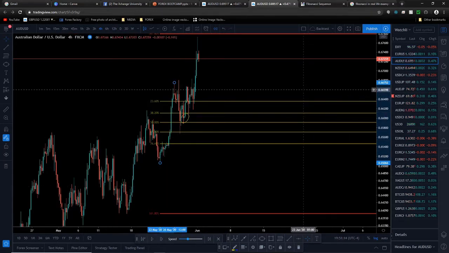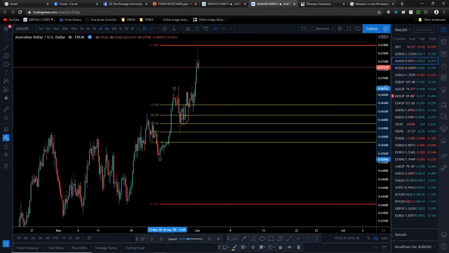To be in profit. So by utilizing this, and look, on this smaller move, it comes within like 6-7 pips of your extension.